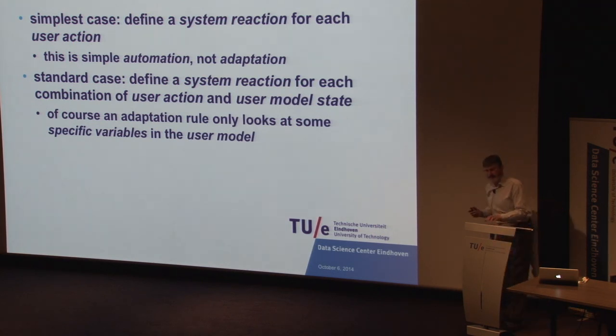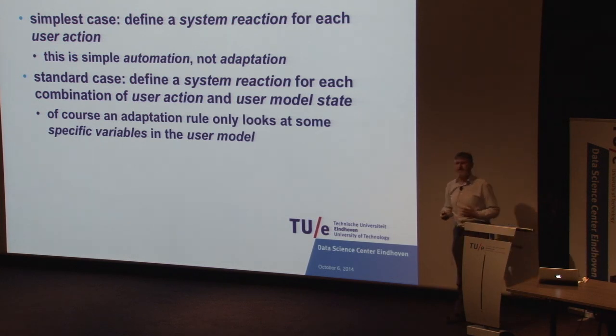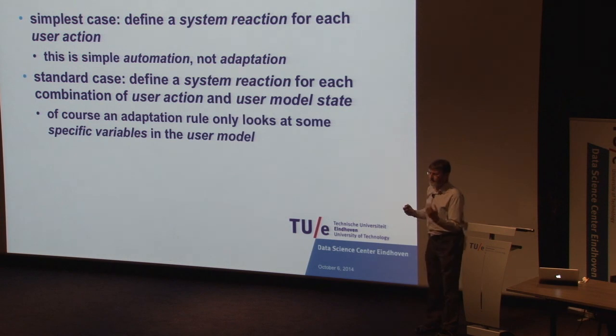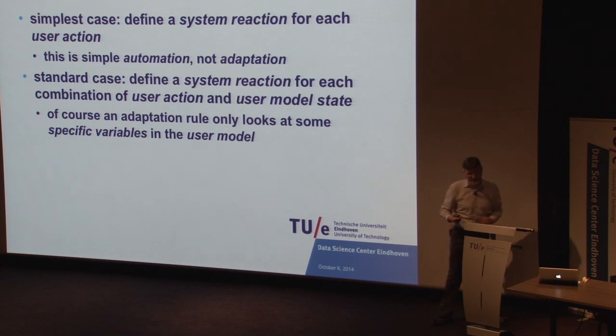Now, of course, every adaptation rule we write only looks at some specific variables. Like a prerequisite looks at what your knowledge is about a specific concept to decide whether a specific other concept is now recommended, yes or no. We don't look at the entire user model state all the time.